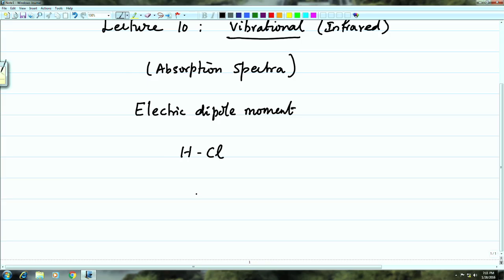HCl, the bond distance, and the fact that the hydrogen and chlorine have electronegativity differences result in an electric moment which is given by the product of the charges, either positive or negative, the charge separation, times the distance r.